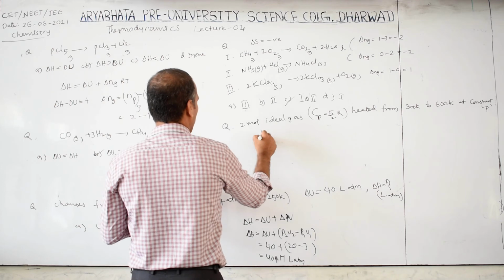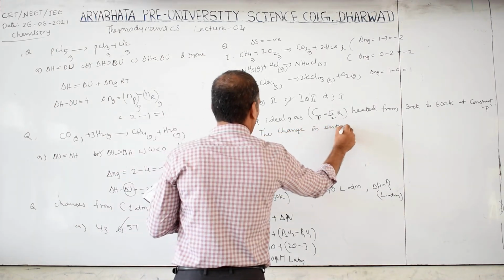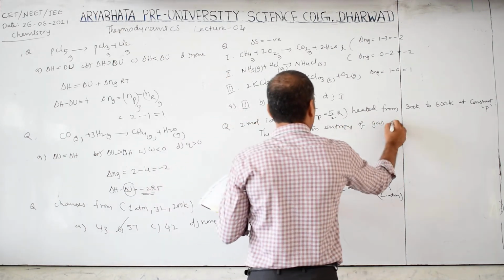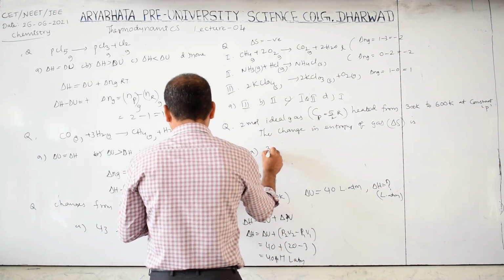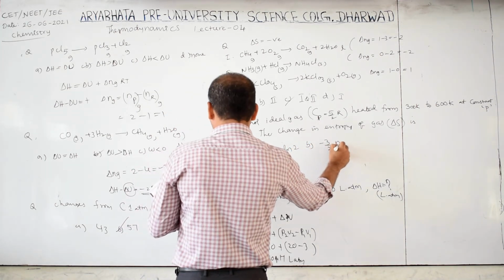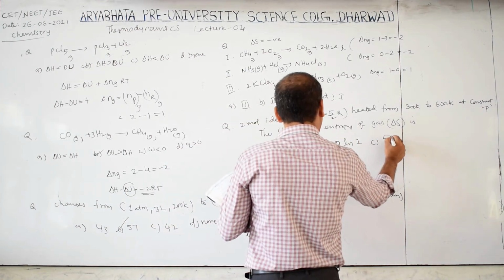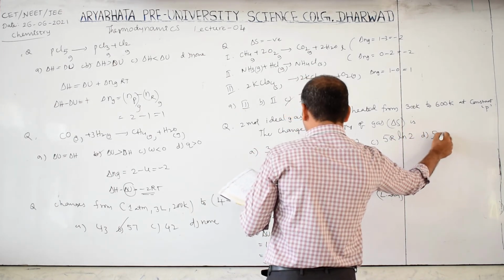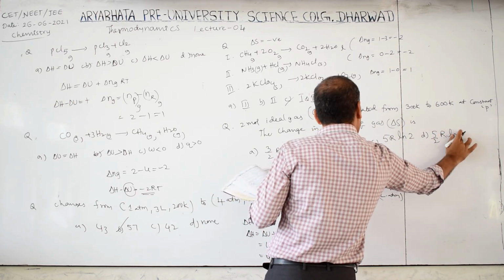The change in entropy of gas, that is delta S, is, options are given: A 3 by 2 R ln 2, B minus 3 by 2 R ln 2, C 5 R ln 2, D 5 by 2 R ln 2.